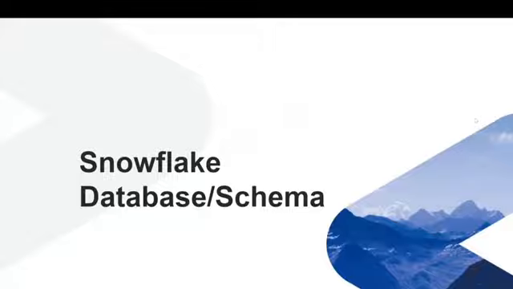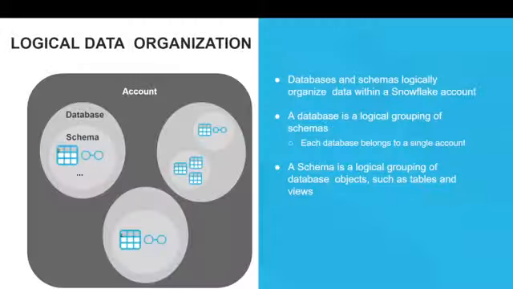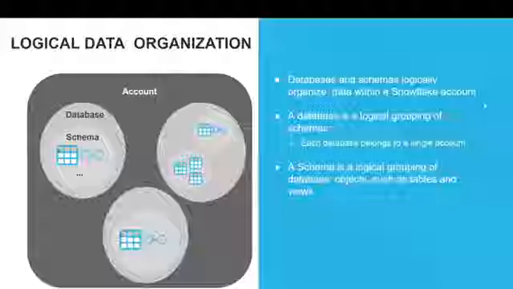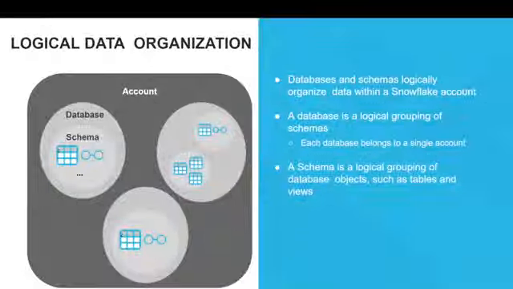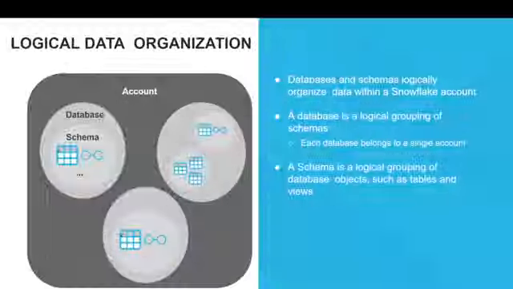Hello and welcome to the Academy. So in this video, we are going to talk about Snowflake database and schema. In Snowflake, databases and schemas logically organize data within a Snowflake account. A database is a logical grouping of schemas, where you could have multiple schemas based on your different use cases or the departments in your organization, but each database belongs to a single account.